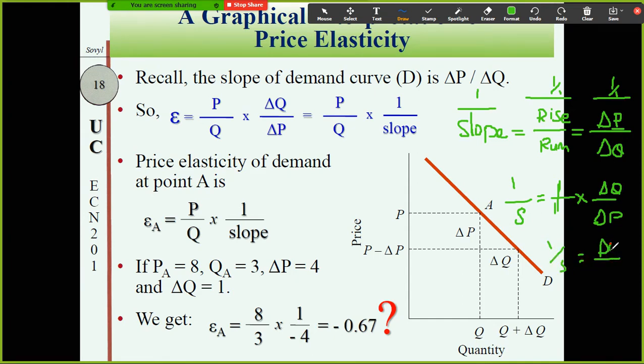That's why 1 over slope is change Q over change P. What is change Q over change P here?